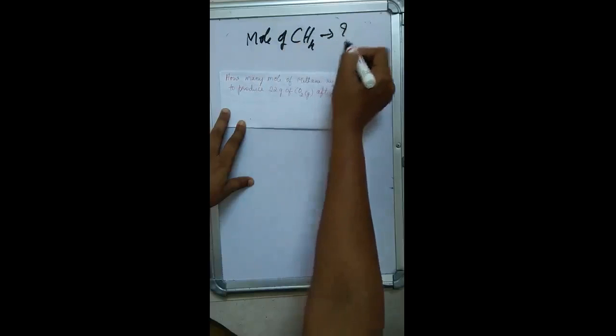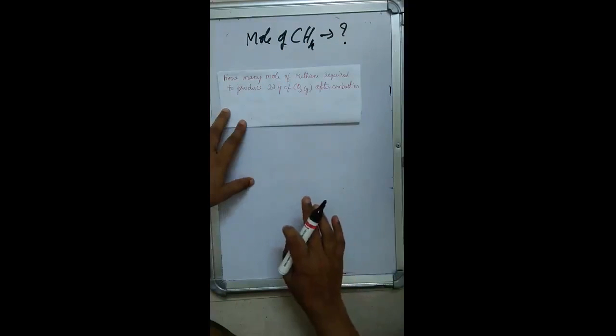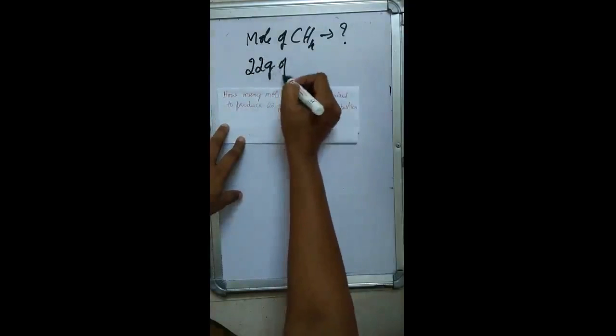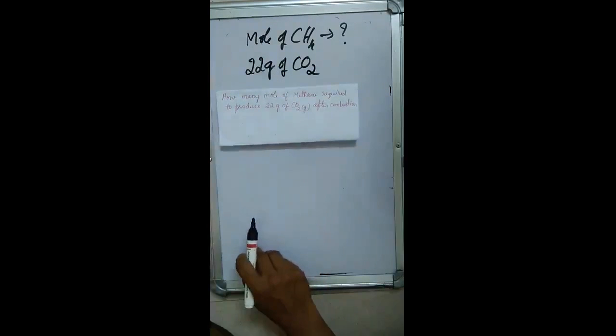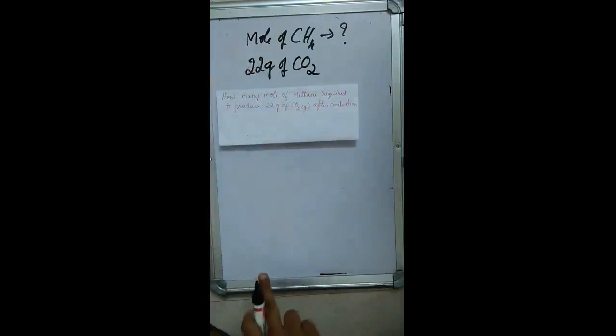How many mole of methane required to produce 22 gram of carbon dioxide after combustion? That means mole and mass relationship is given. The question is asked based on the mole and mass relationship.